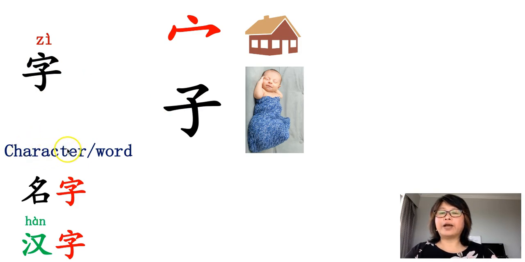This means character or word. So literally, 名字 is name words, but nowadays we just put them together. 名字 just means name. But when we look at this character word, there's 汉字. Han means Chinese people or the majority of Chinese people. So 汉字 is Chinese people's words or Chinese people's characters.